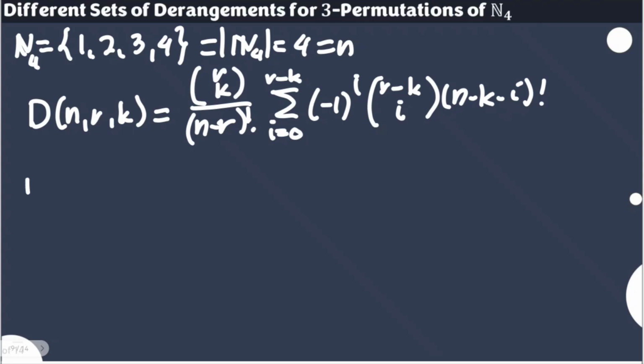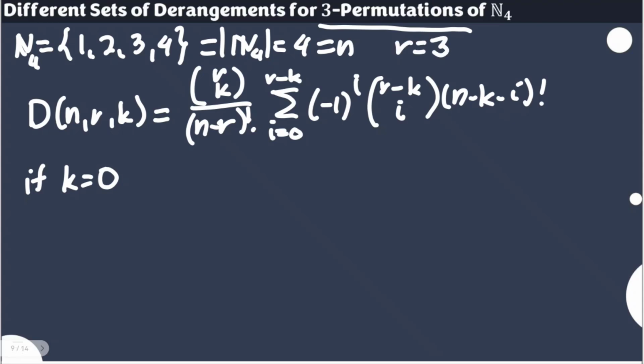If we don't have a fixed point, this would talk about the derangement itself, which means that all of the placements are required to be non-repeating in their specific placement. So we have here the result. Our K is 0. Again, we're taking 3 permutations, so our R here is 3.